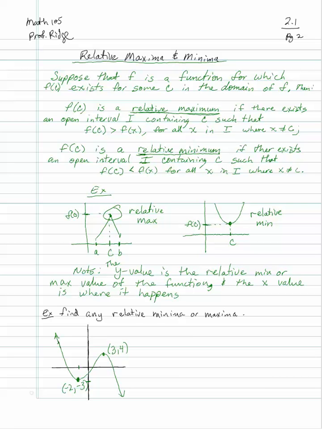So we can say there's a relative minimum at x equals -2, and the relative minimum is equal to -3.